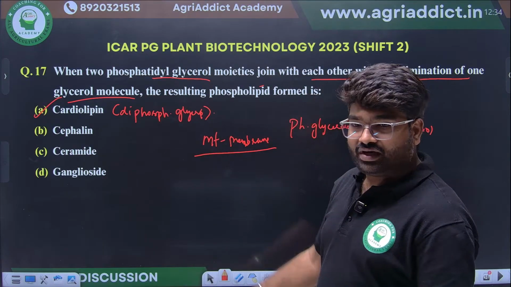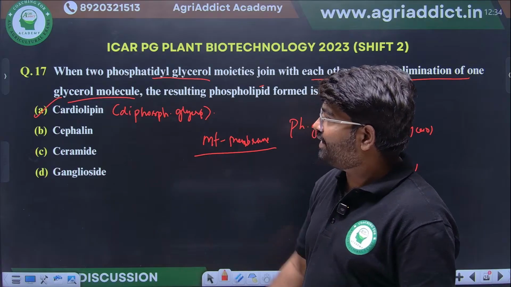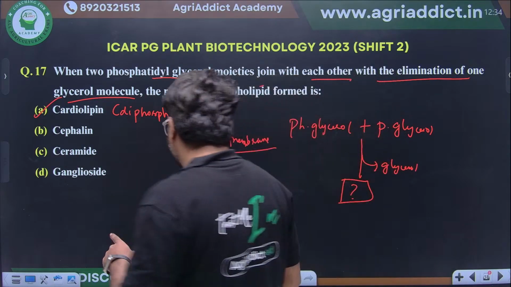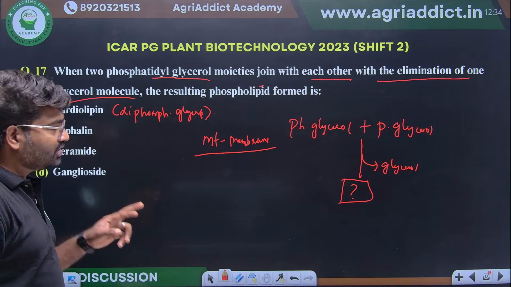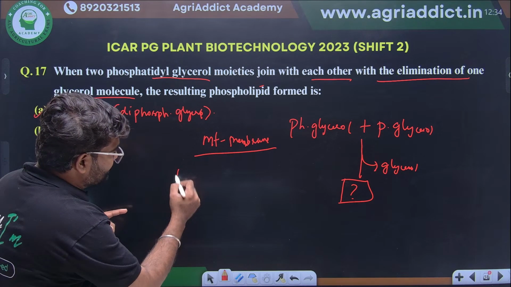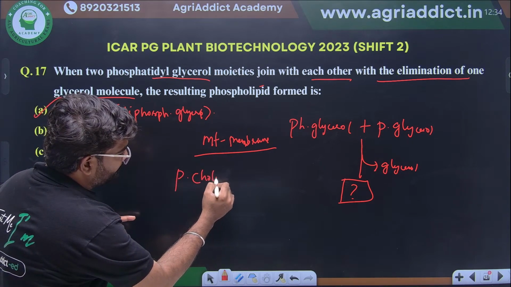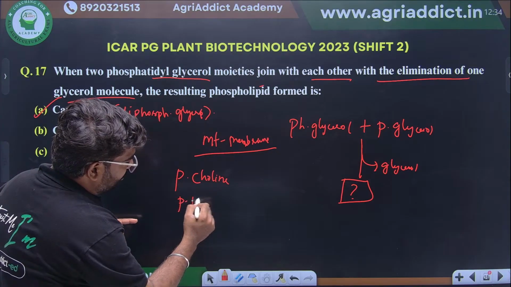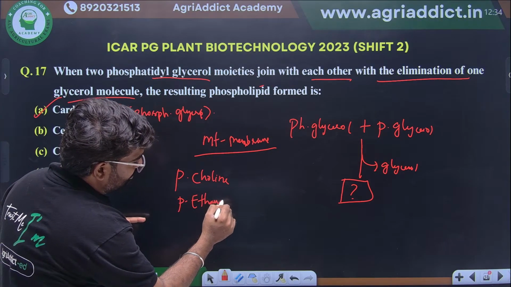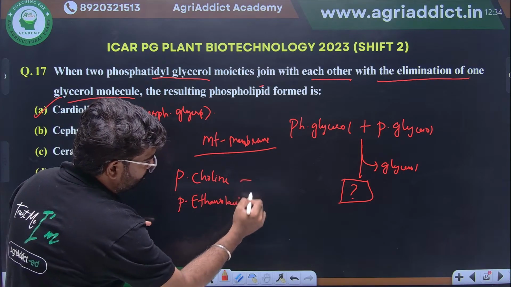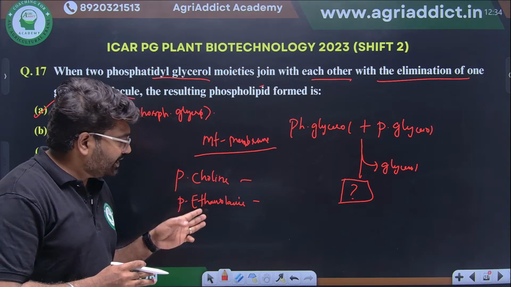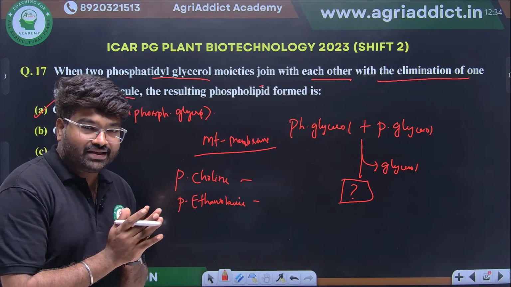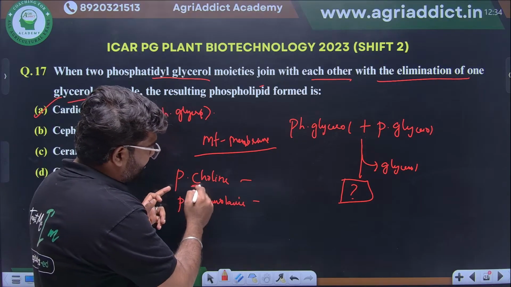Then what is meant by lecithin, ceramide, ganglioside? You have to remember another name of phospholipids also. Phosphatidylcholine, phosphatidylethanolamine. You have to remember the other names of phosphatidylcholine and phosphatidylethanolamine.